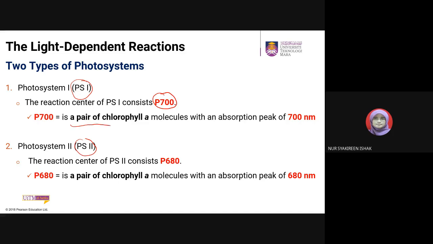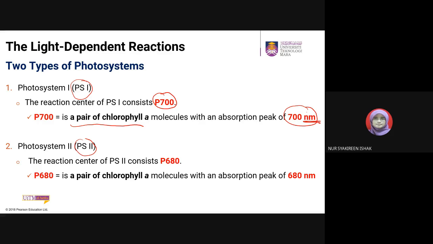So it is a special pair of chlorophyll A. Why do we call it P700? Because it absorbs light energy in the range of 700 nanometer. This one you have to include the unit, okay? 700 nanometer. So that is the absorption peak of P700, which is the chlorophyll A found in photosystem 1.